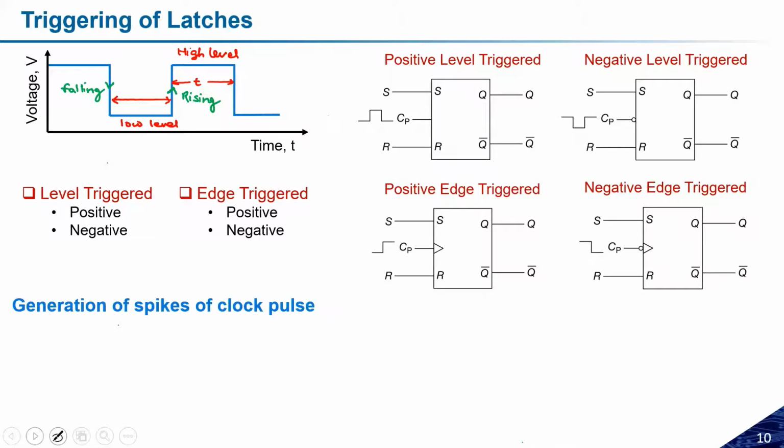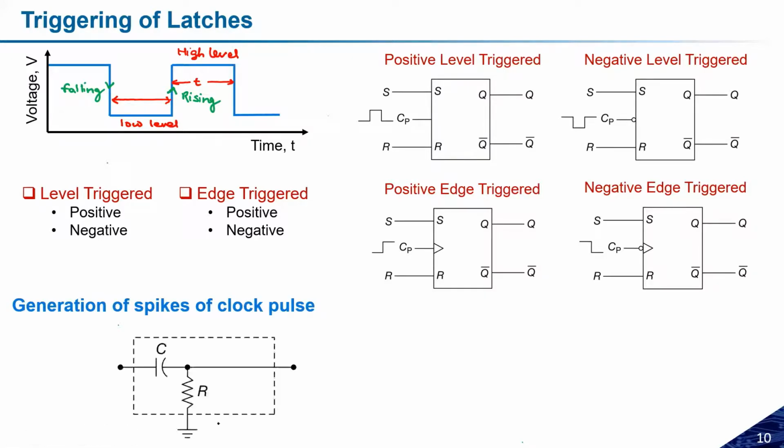Let us see how the differentiator looks. This is the simple circuit for a single stage differentiator, where we have a capacitor and one resistor, and I am providing the input like this.